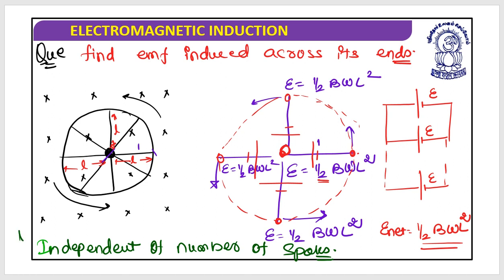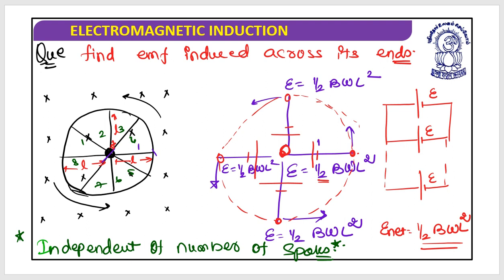This is very interesting: in this situation we have drawn 1, 2, 3, 4, 5, 6, 7 and 8 spokes, but even if it was the case of 24 spokes, the answer would be half B omega L square. Even if it was the question of 108 spokes, the answer would be 1 by 2 B omega L square.